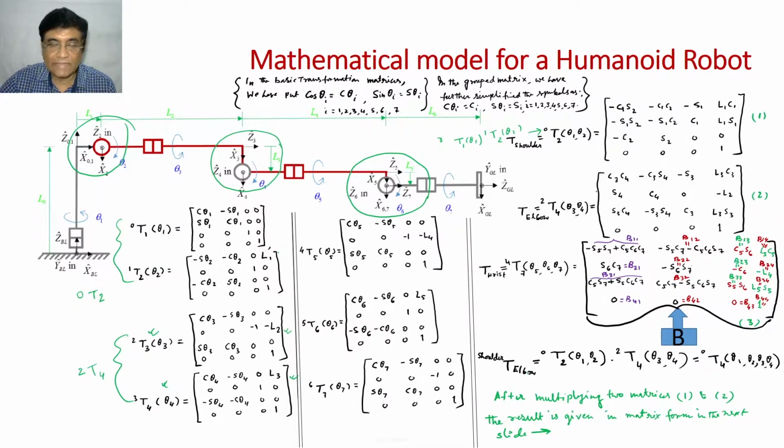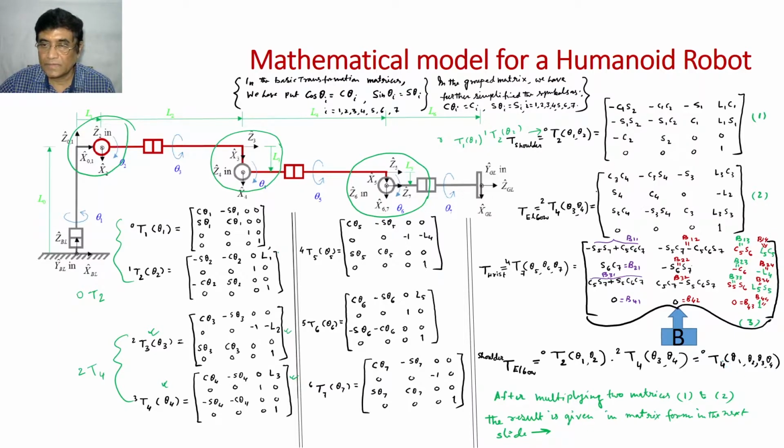That's why we are now computing the important matrices. So, elbow with respect to shoulder. What you will have to do, again matrix multiplication, is multiply two matrices 1 and 2 in this order, so that you get the transformation matrix of 4 with respect to 0. 4 represents your elbow, and 0 is the shoulder.